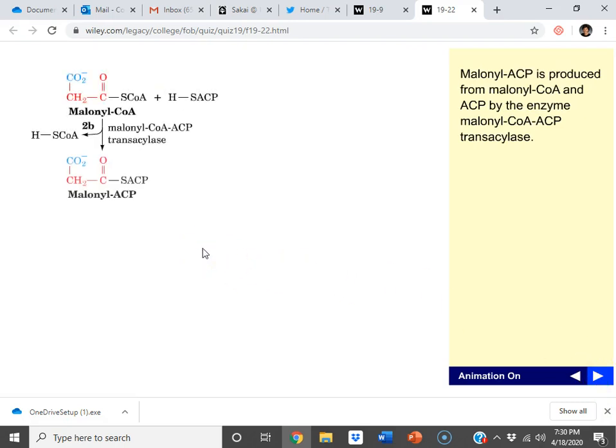Now we're going to bring in our malonyl-CoA. So remember, in malonyl-CoA, the red carbons came from acetyl-CoA and this blue carbon came from CO2. We're going to have to do the same thing: trade the coenzyme A for ACP. So now we have malonyl-ACP.